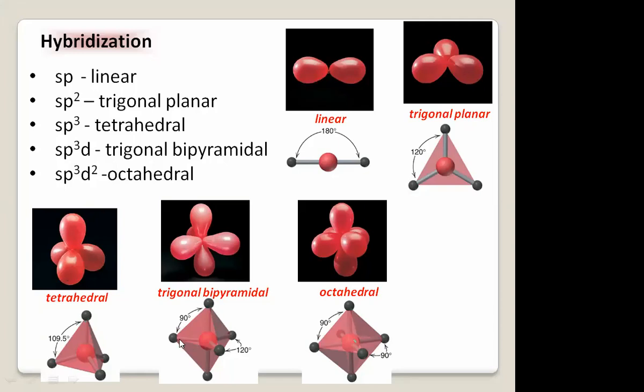This base is called the equatorial plane, and you have the axial positions between the central atom and the equatorial plane. You have a 120-degree bond angle in the equatorial plane, but for the axial, you have 90.